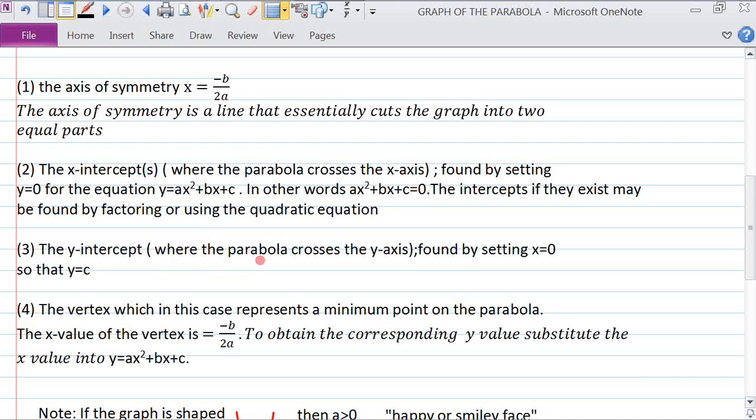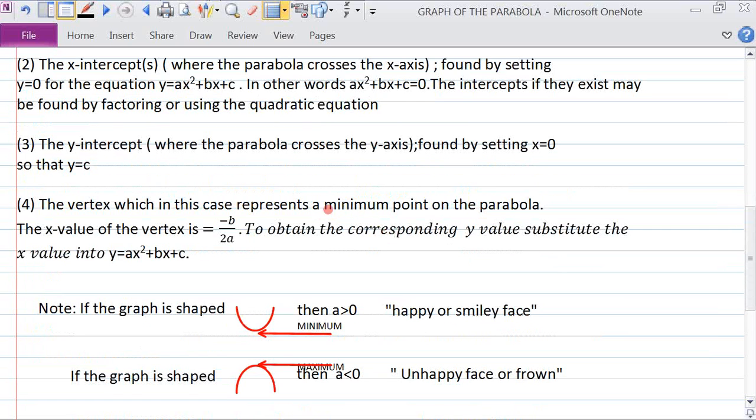The y-intercept is where the parabola crosses the y-axis, and here x is 0. So y equals c, because if you substitute in here, and this is 0, and this is 0, because x is 0, then y will equal c. The vertex represents a minimum point on the parabola, only for this case, because you're going to see other cases.